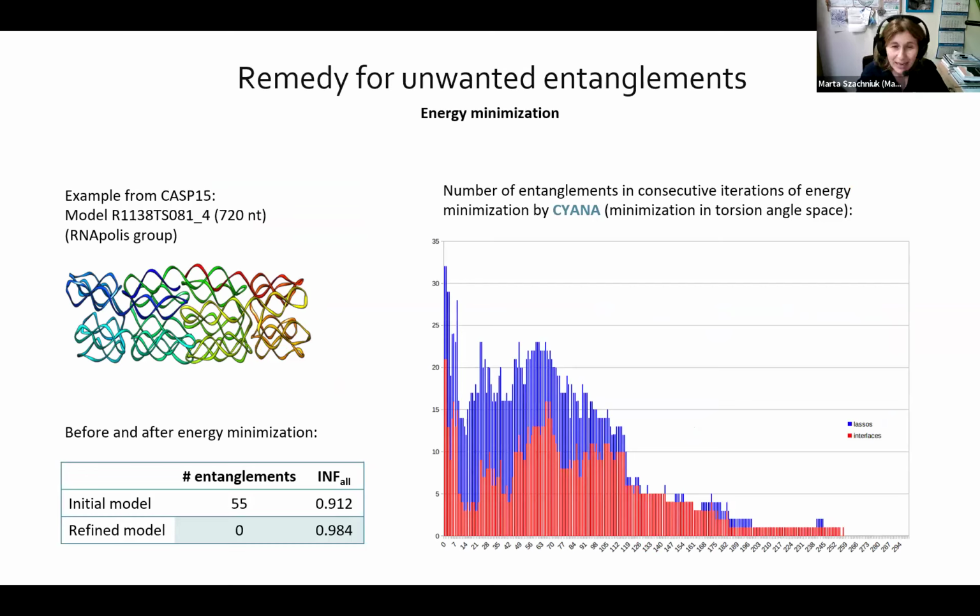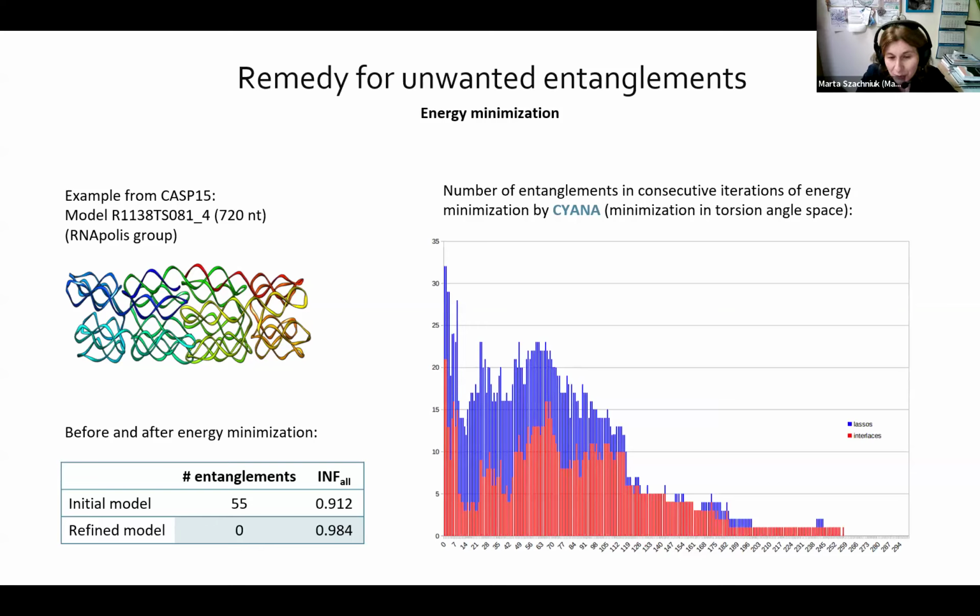Okay. And the final thing is whether there is any remedy for entanglements that we don't want to have in the predictions. So the easiest thing we can do is to run energy minimization by any tool that we have at hand.